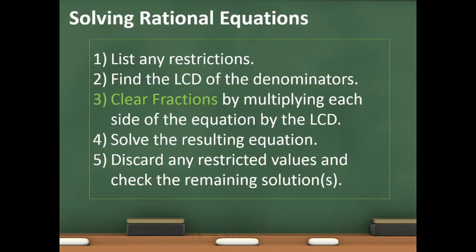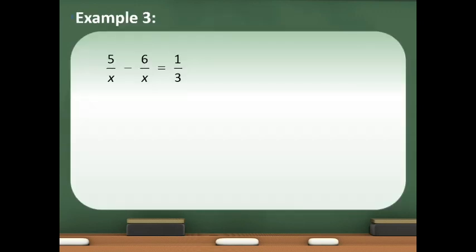We solve the resulting equation. And we just have to remember at the end to discard any restricted values. And we can always check our answers. Just be careful, because when you're working with fractions, sometimes the checking can be as hard as the original, solving the equation.